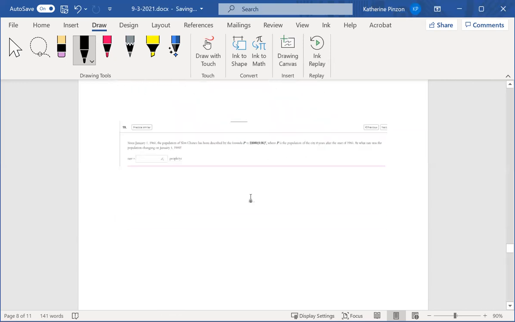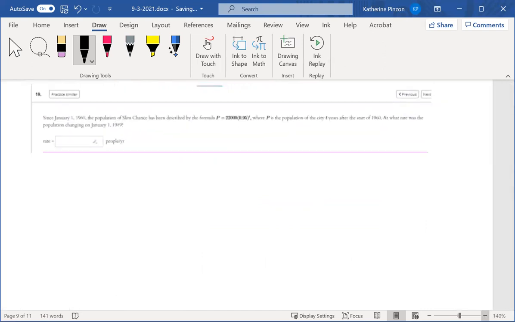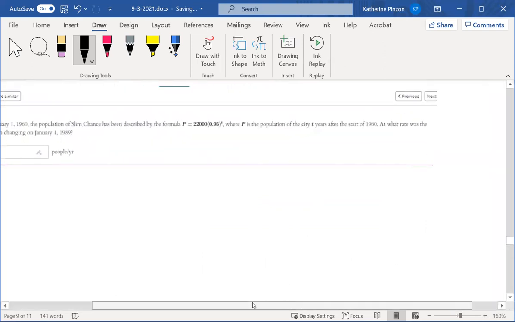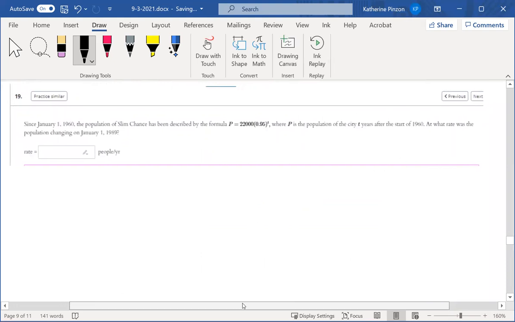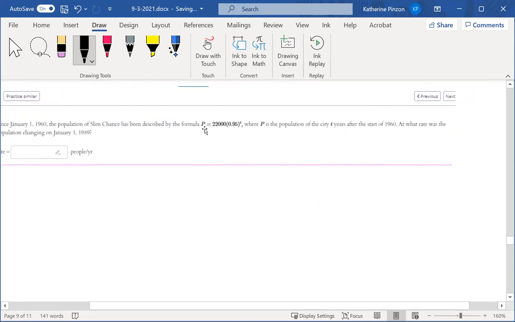Great. 19. You have to squint really hard to read 19. Let me make it bigger for you. 19 says, suppose since January 1st, 1960, the population of Slim Chance has been described by the formula P equals 22,000 times 0.95 to the T, where P is the population of the city T years after the start of 1960.